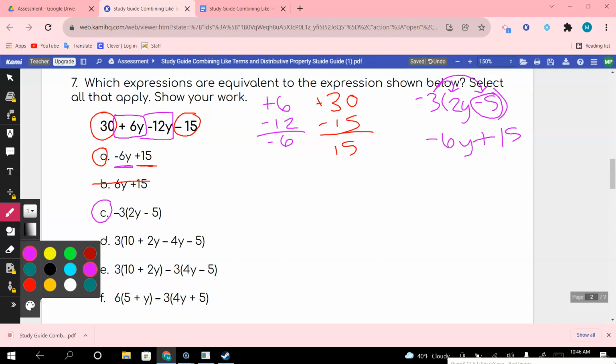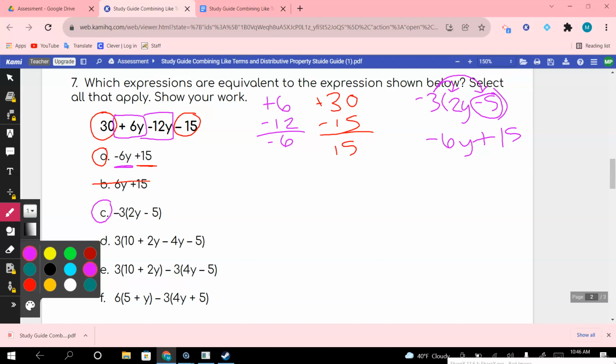Okay, D. Oh, inside of those parentheses, we do have some like terms, so we could combine our like terms, or we could just distribute. Either one would be fine. We could distribute and then combine like terms, or we can combine like terms and then distribute. Either would be fine.